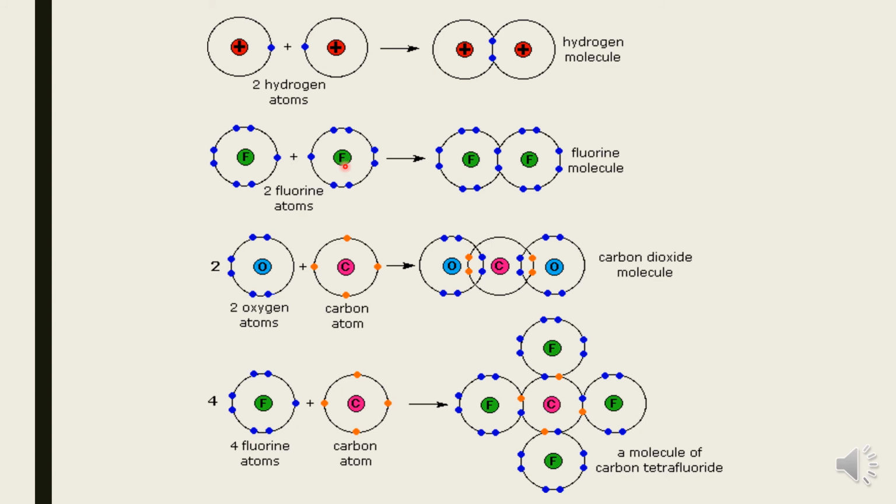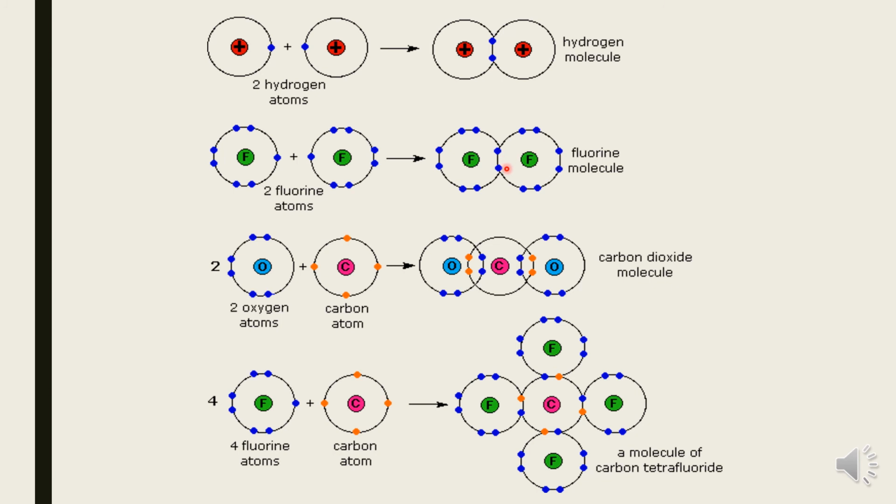In this way, what will happen? This electron pair will be shared or will be belonging to both the fluorine atoms. So in between fluorine atoms the single bond is formed because one electron is shared from both the sides.